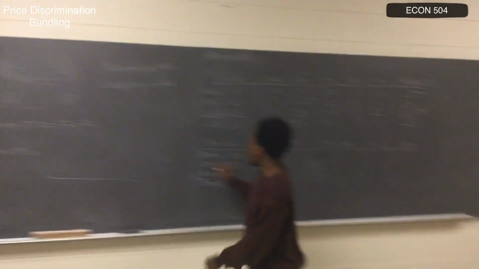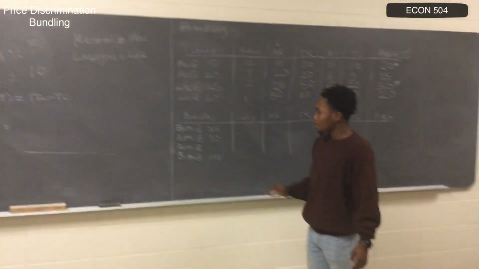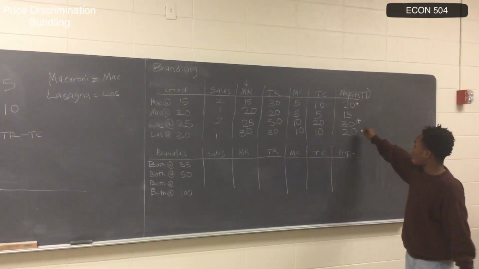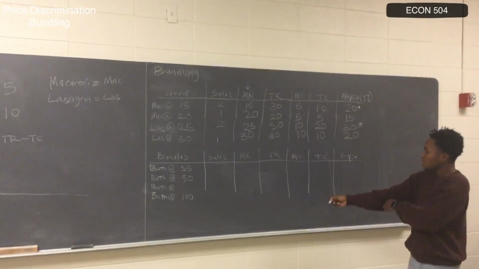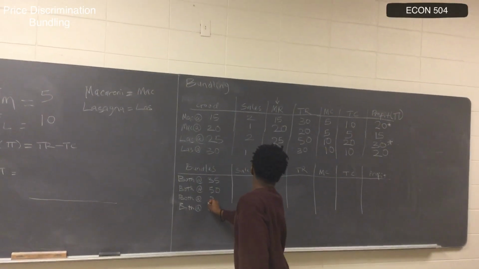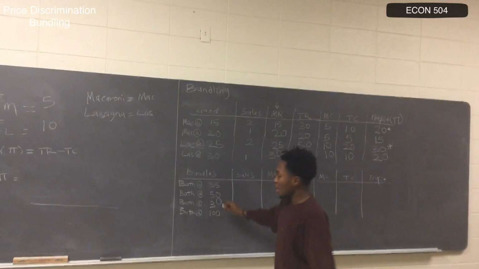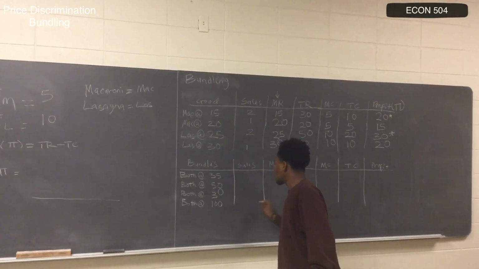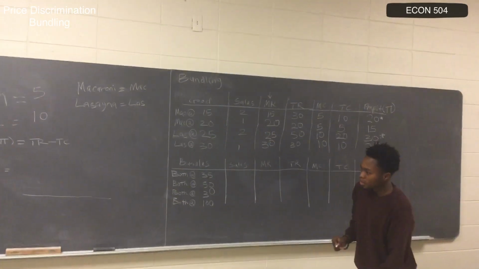So I combine both goods at $35. I combine both goods at $50. The maximum profit I made here was $30. So if I combine both goods at $30 also, and for a high price of $100. So let us look at it this way also.